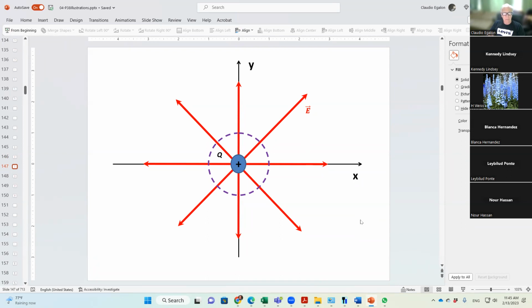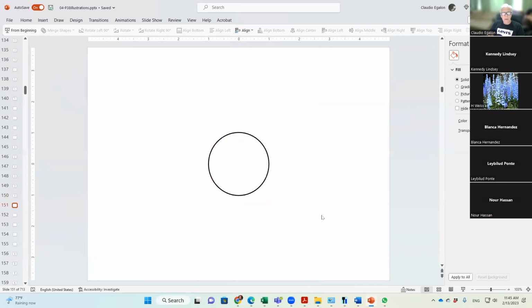That's what this circle is all about. Notice that the area vector of this spherical surface points away from the surface and makes an angle of 0 degrees with the electric field. Here's the infinitesimal area vector, and that's the radius of the Gaussian spherical surface. Then we go ahead and solve the problem the way we did.